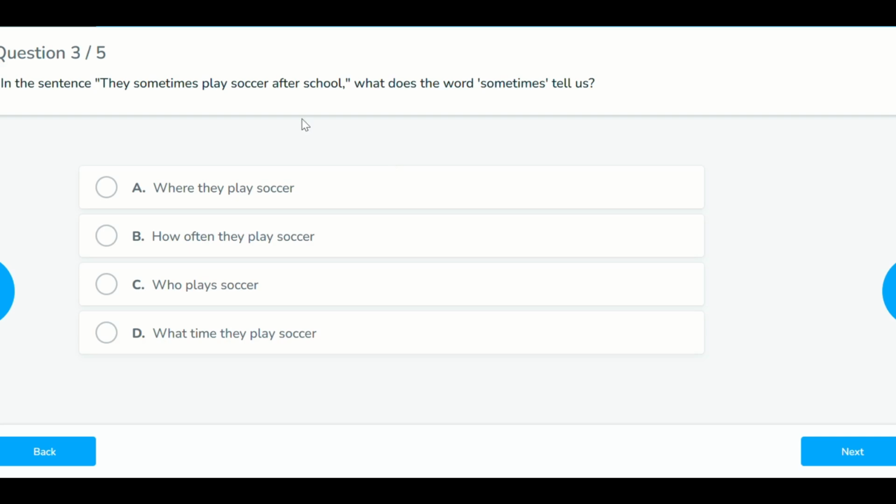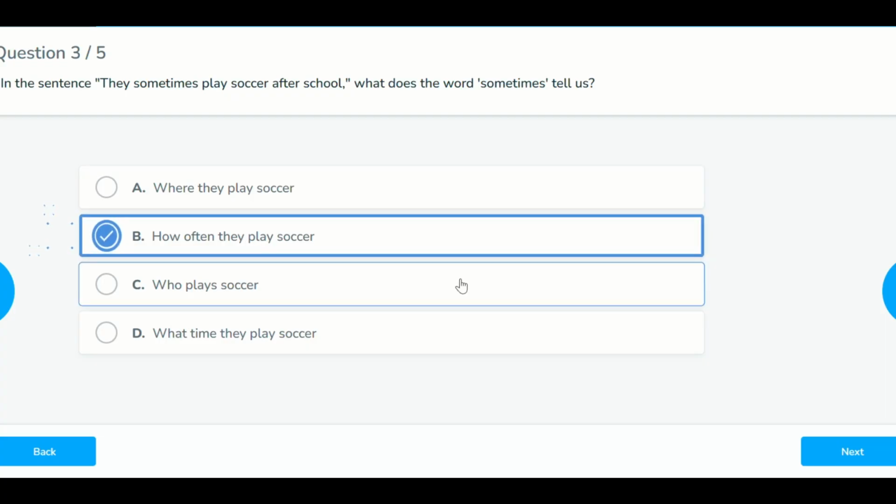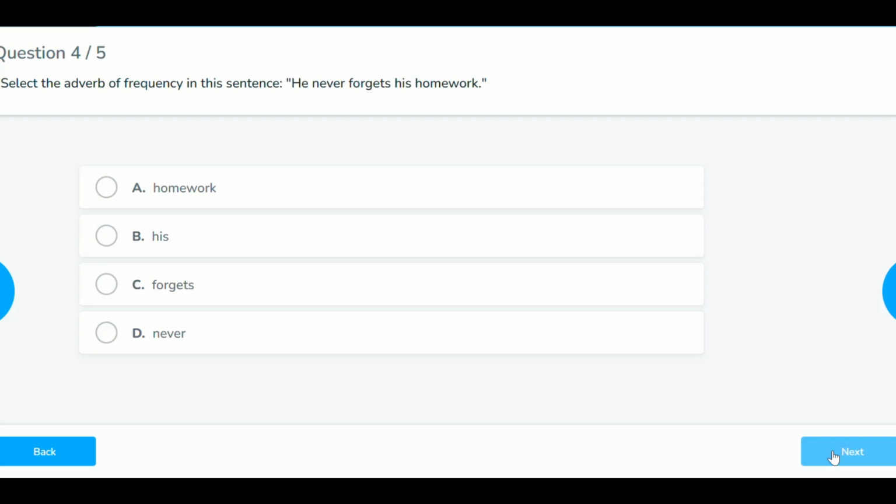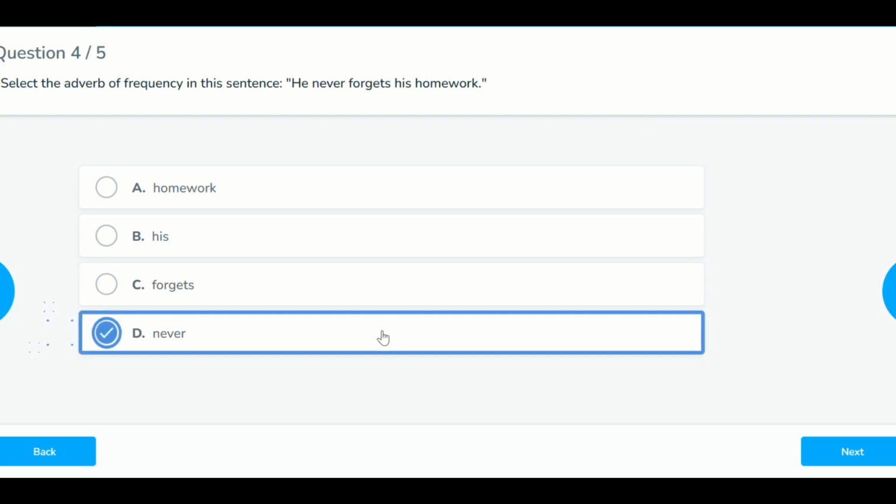They sometimes play soccer after school. So what does the word sometimes tell us? It tells us how often they play soccer. What is the adverb of frequency in this sentence? He never forgets his homework. Never, right? 0% of the time.